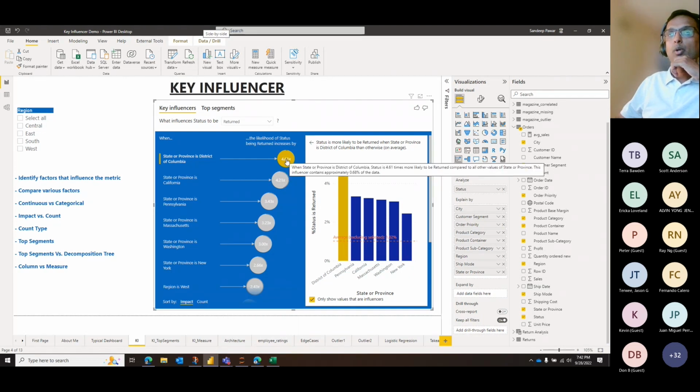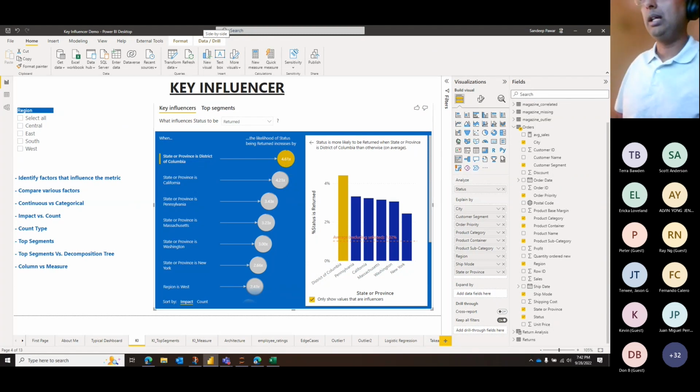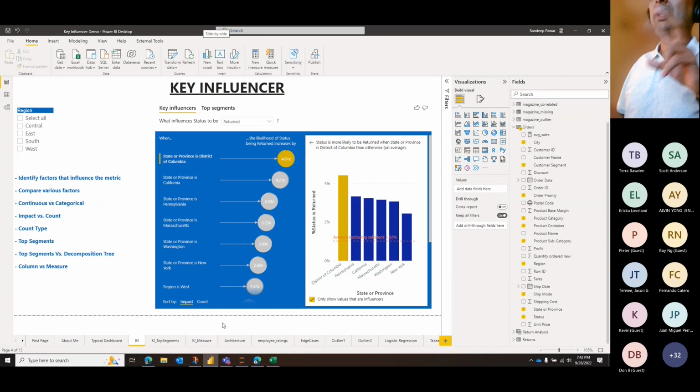So when I hover over it, you will see that although the status is 4.61 times more likely to be returned, this influencer contains approximately only 0.68, so less than 1% of the entire data. Now, these two things are odd, right?